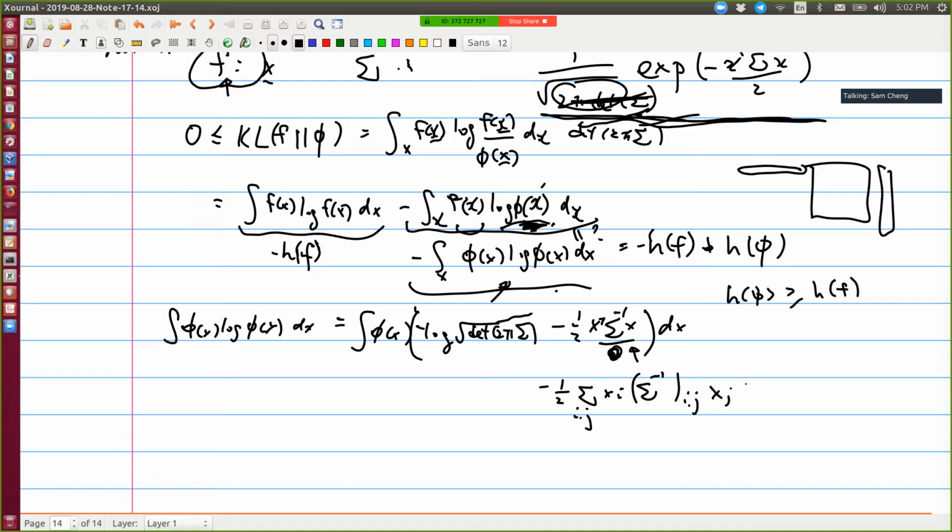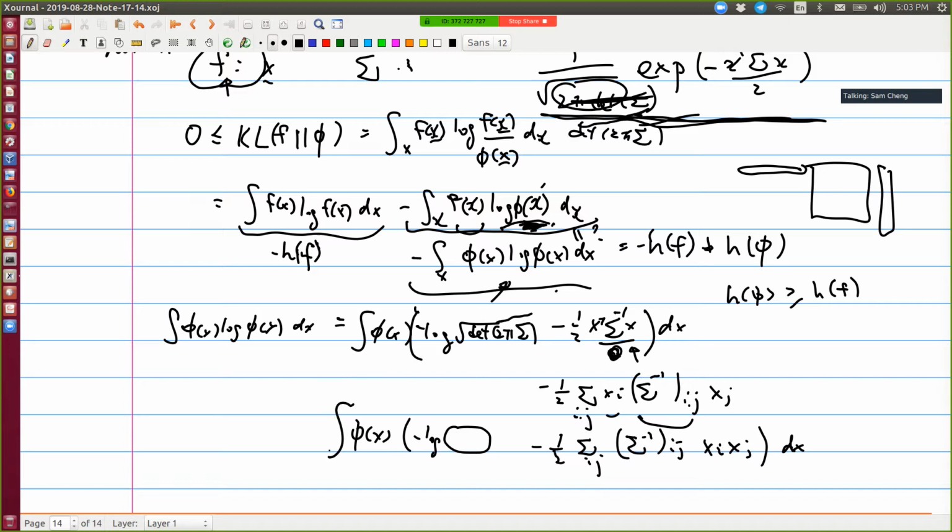Of course, this is now after the summation. These are just numbers, right? I can put them together here: x i, x j, and I have sigma inverse ij summed over ij, with the 1/2. So I still have this log whatever term, dx, phi x here, right?